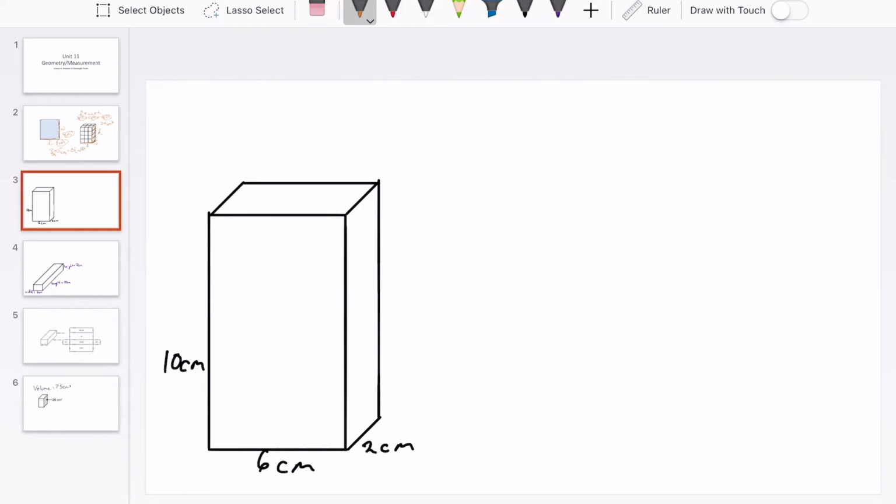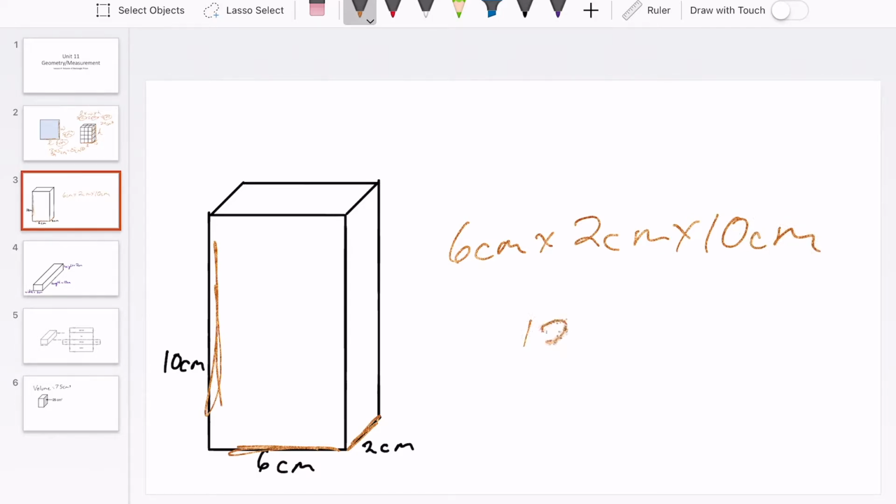This is the length, this is the width, and this is the height. The length would be 6 centimeters times the width, 2 centimeters, times the height, and that would be 120 centimeters cubed, because I have those 3 centimeter sides being multiplied together, so we have the raised cubed.